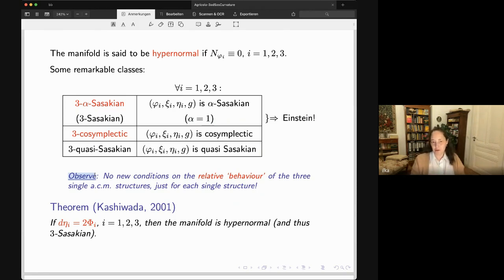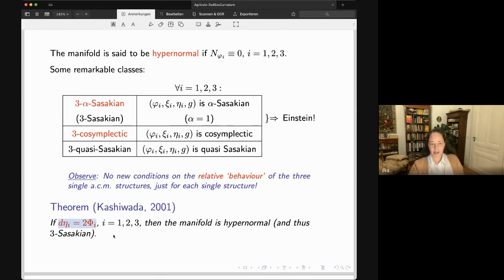We just impose that all three, viewed in isolation, fulfill a certain condition. And the main idea of free alpha delta Sasaki manifolds is to link these three structures, to have some compatibility condition between them.